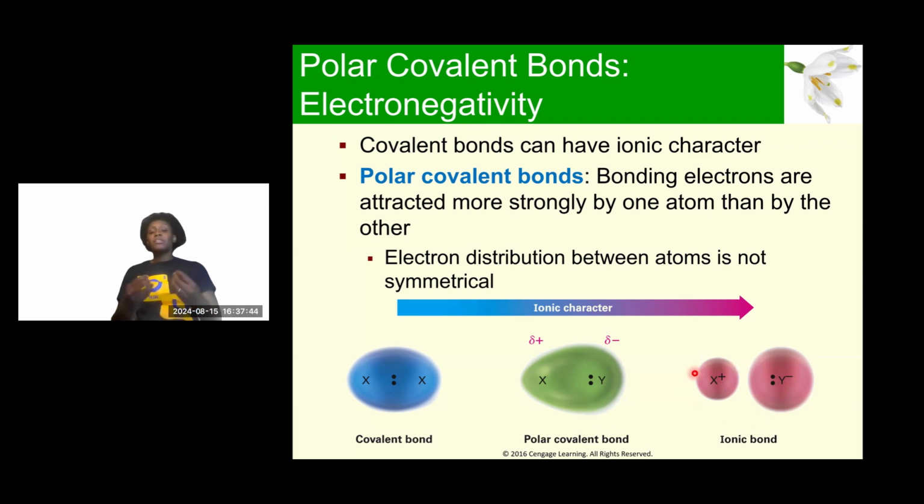However, even though it's similar and has ionic character, it's still a covalent bond, okay? So these electrons are still being shared. The electrons just favor one atom over the other, okay? And so it says right here, and I'm just going to read this, that electron distribution between atoms is not symmetrical, okay? It's not symmetrical.